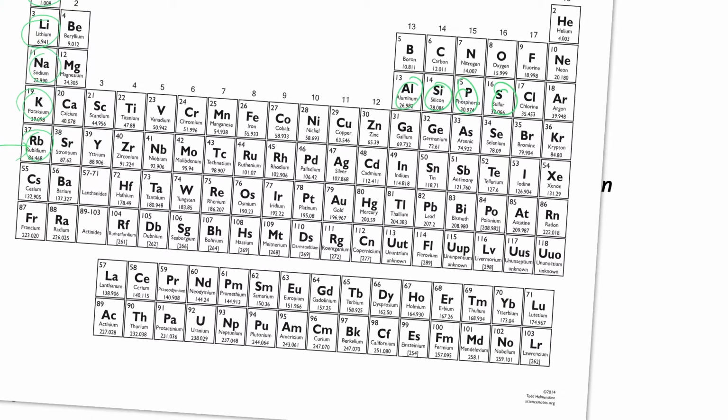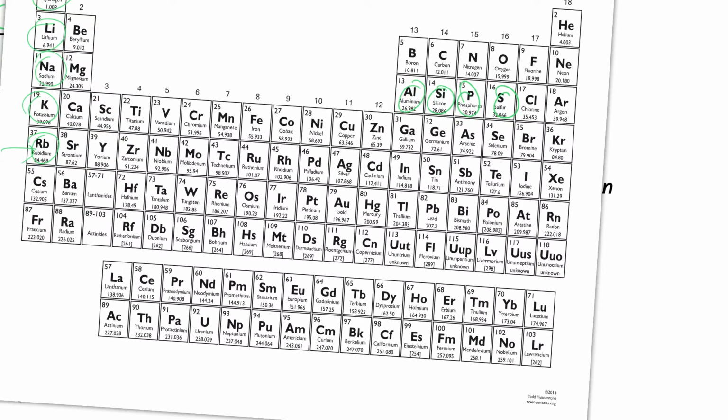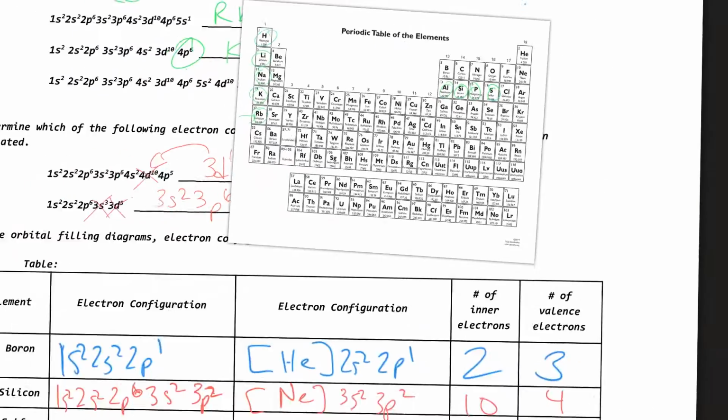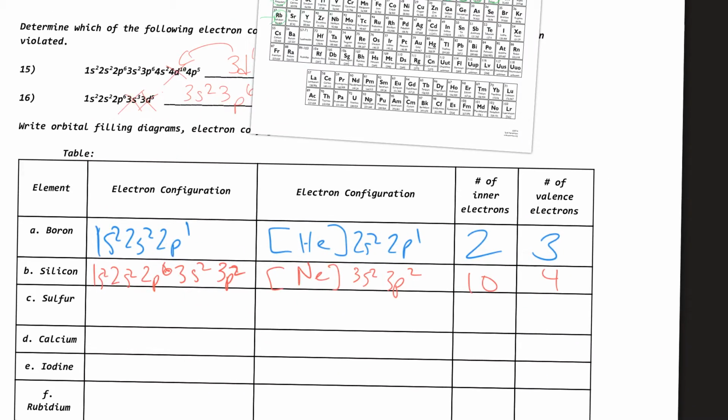Sulfur is 3p4. So it's going to be exactly the same as the last one, which makes sense because they're in the same row. 2s2, 2p6, 3s2, 3p4, or Ne, 3s2, 3p4.